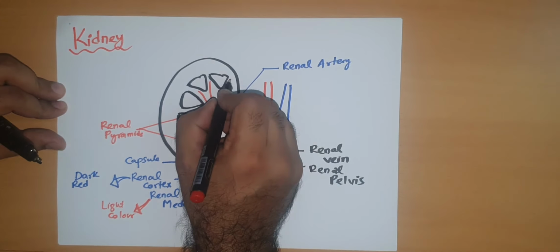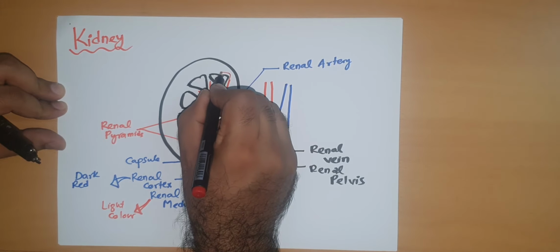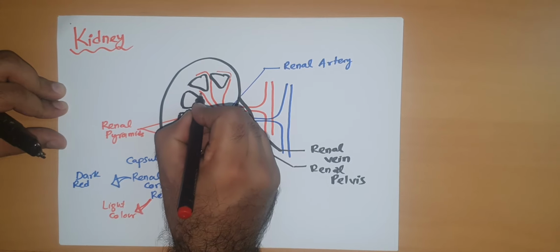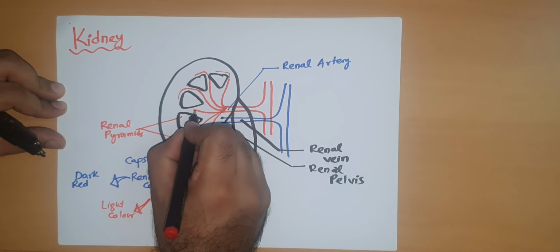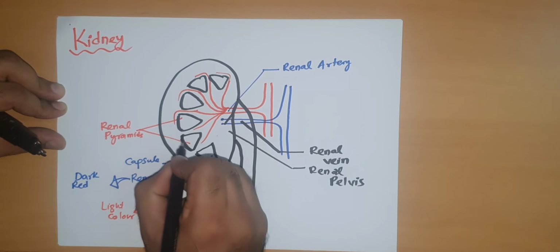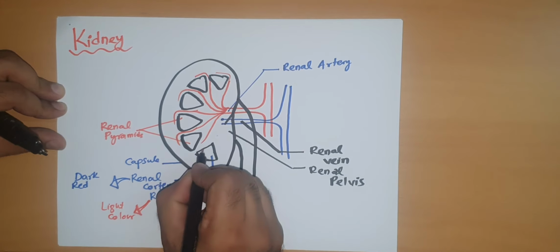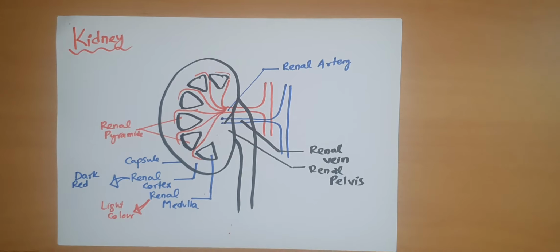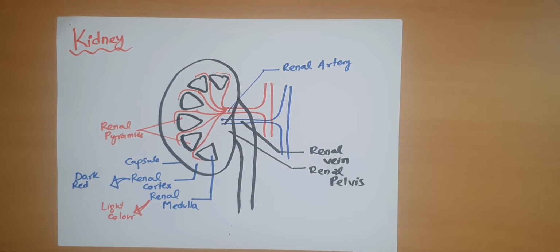And when these arterioles then become parallel to the base of the renal pyramids, like this, they are called as arcuate arterioles.